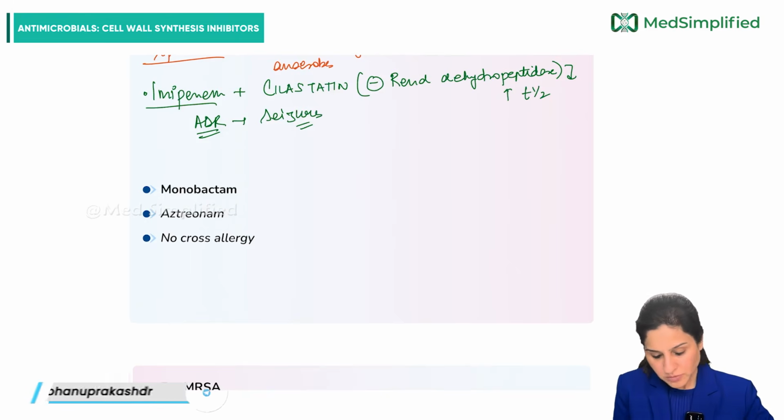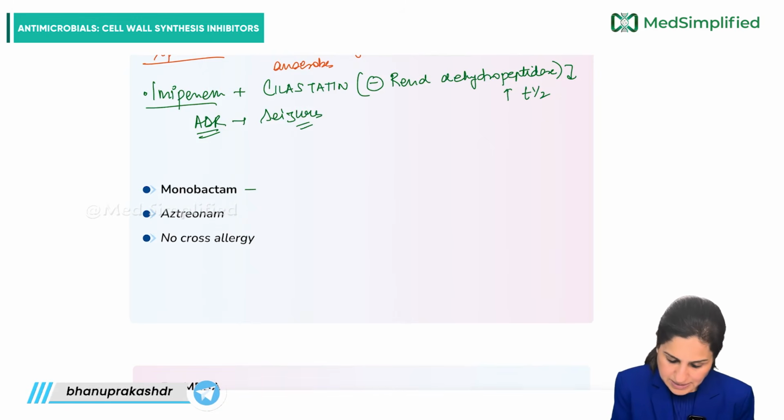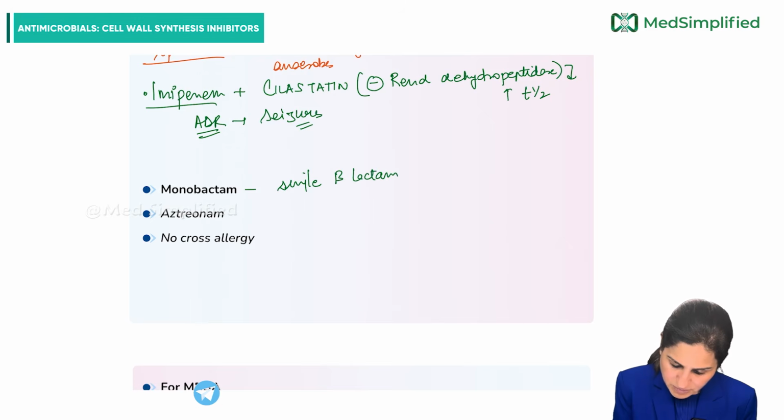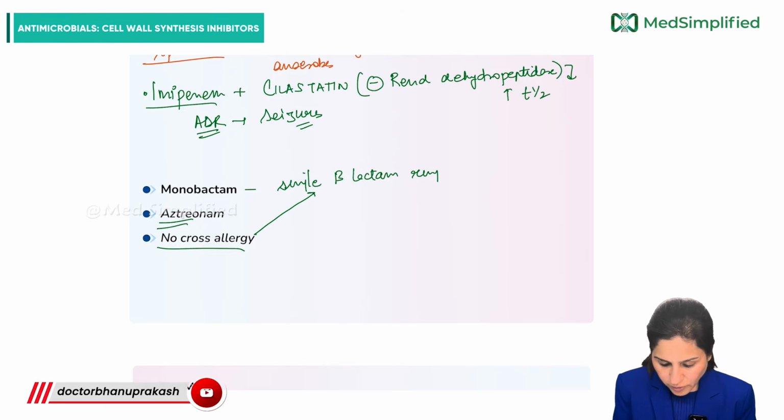Then monobactam. Monobactam is different from the other beta-lactams because it has a single beta-lactam ring. The name is aztreonam. Because of this, there is no cross allergy.